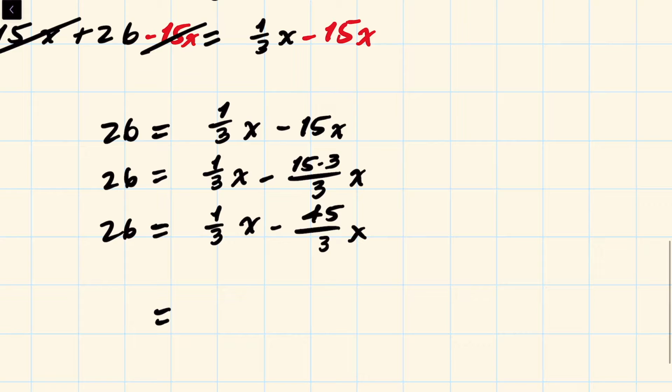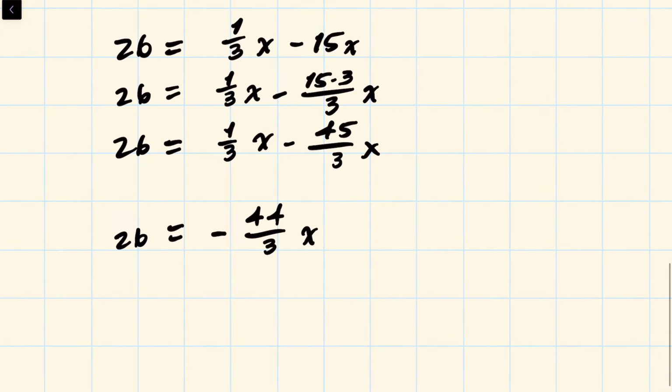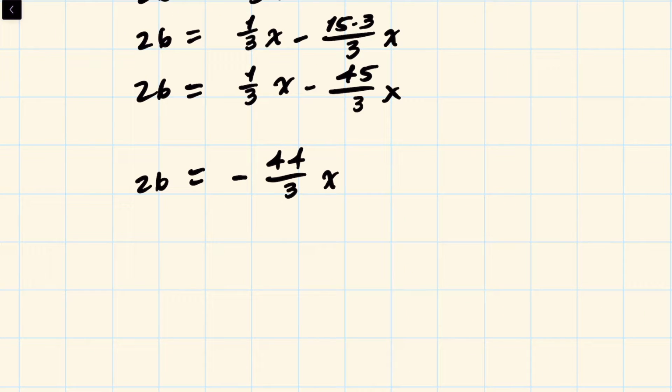So 1 minus 45, that's negative 44, so it's negative 44 over 3x. That's 26. And now to isolate for x, we're going to multiply both sides by the reciprocal of this fraction, and you'll see why that works in a second. 26 multiplied by negative 3 over 44.